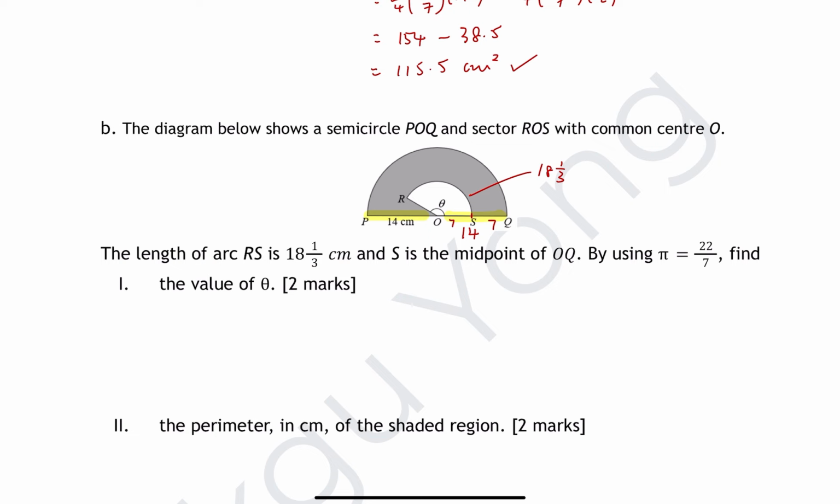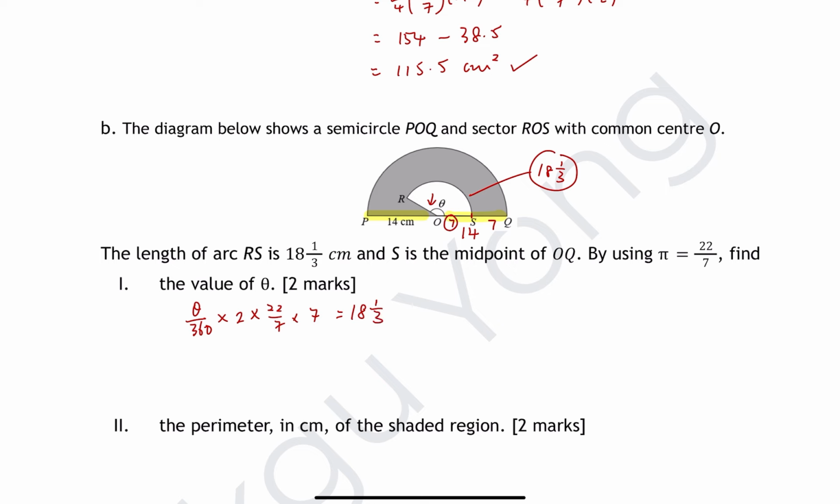And in this case, since you have your arc length, you have your radius, you need to look for your theta. You can just use theta over 360, multiplied by 2 pi r, equals the arc, right? So theta over 360 times 2 times pi times your r equals 18 and 1/3, which you can basically change into an improper fraction.